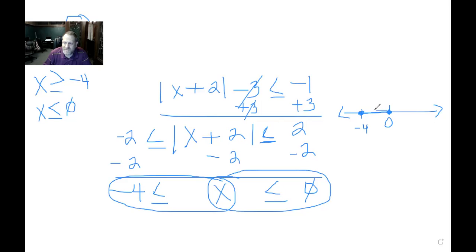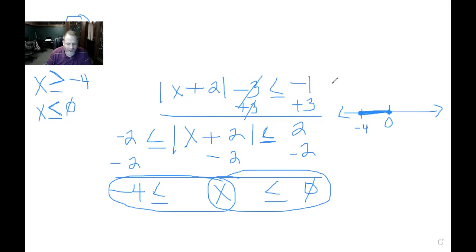So I'm starting from that 0, and I'm going to the left, because this is pointing to the left, right? And for X is greater than or equal to -4, this is pointing to the right. So we're going to go from the -4 and point to the right. All right. So now we have our chart, our graph, okay, our number line.